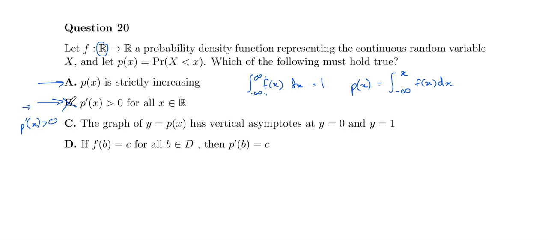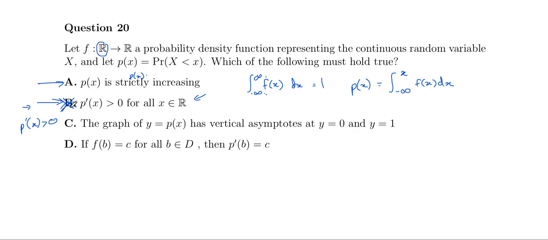So since we can't have two options being correct, B is not the answer. But I'm not going to go the other way because P of x being strictly increasing does not imply that B is true. So the opposite is not true.